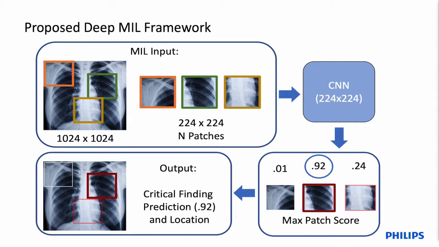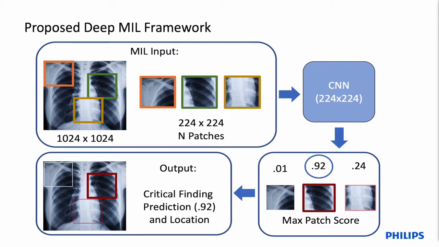So at the end, we have both a prediction of pneumothorax or no pneumothorax, and we also kept track of where that patch came from. So we know where that patch is in the image. And just to get you more familiar with how I'm drawing these, the boxes around each patch vary from white to red.